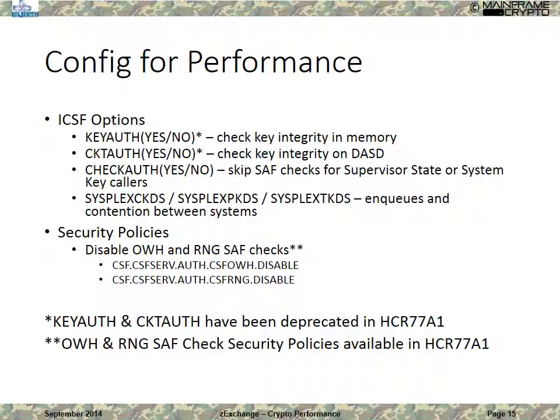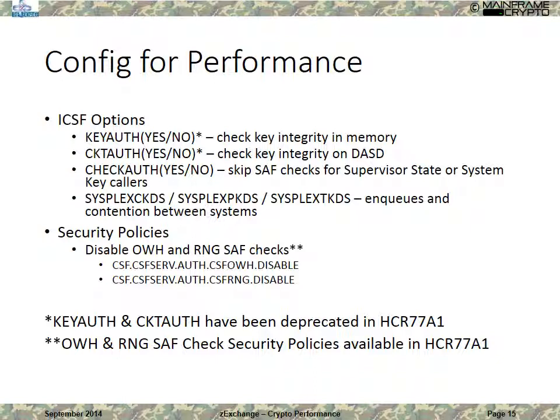So when you came back sometime later, whether it be a day later or 6 months later, and wanted to use that key, ICSF could calculate the hash of the key that it pulled out of the repository and compare that to the hash that was stored with the key. If they matched, ICSF knew that it had a valid key, that a bit hadn't been lost, and that the key was good.